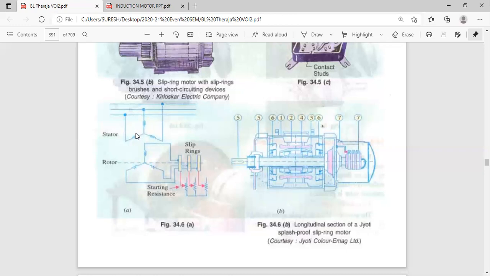These three fluxes are rotating at one constant speed, that is called Ns, synchronous speed. Stator coils are used to generate the magnetic field, which is rotating at Ns equal to 120 F by P. This is the construction of this stator.